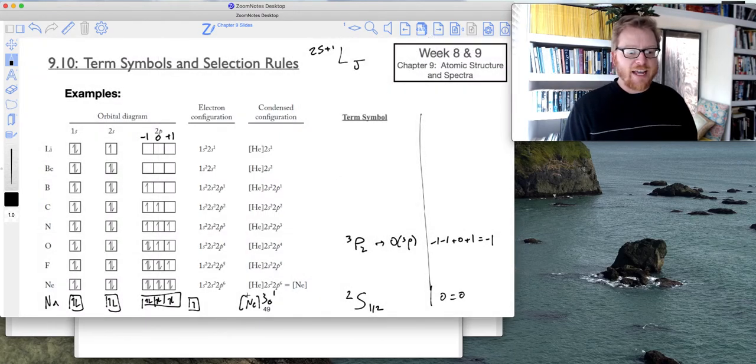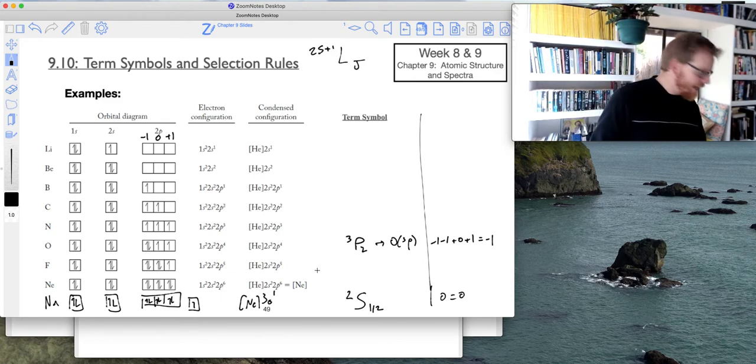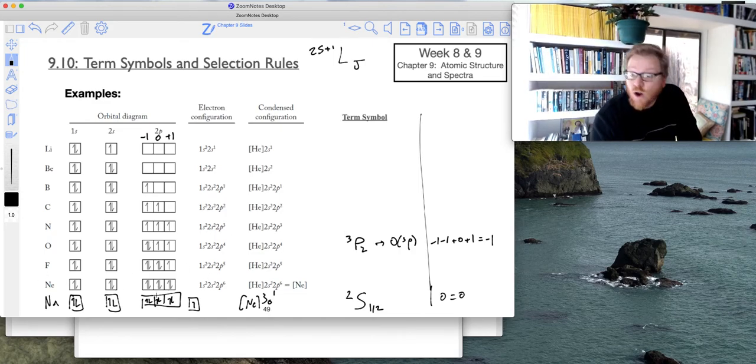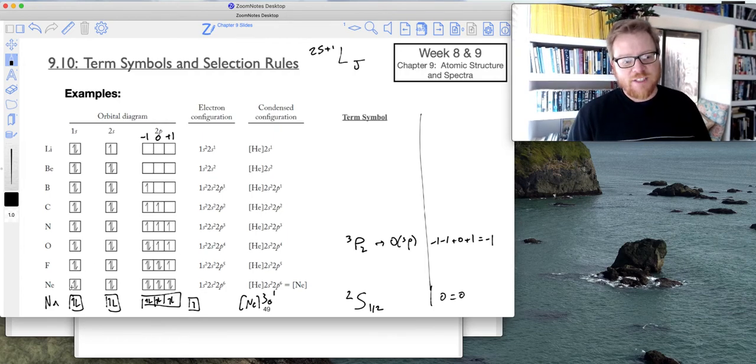So let's look at this neon configuration. Let's do neon. Once again, neon is all populated up, okay? So we would have 0 plus 0 plus 0 plus 0, zeros all the way through.